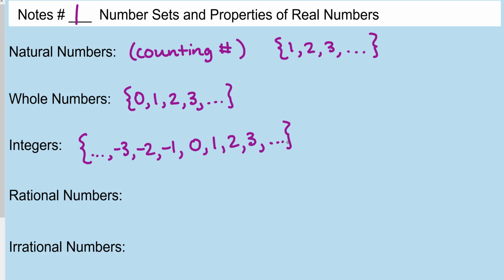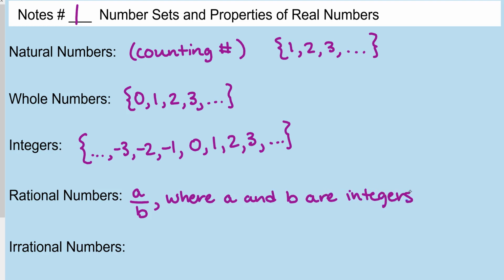Rational numbers are numbers of the form a over b, where a and b are integers, and b is not equal to 0.